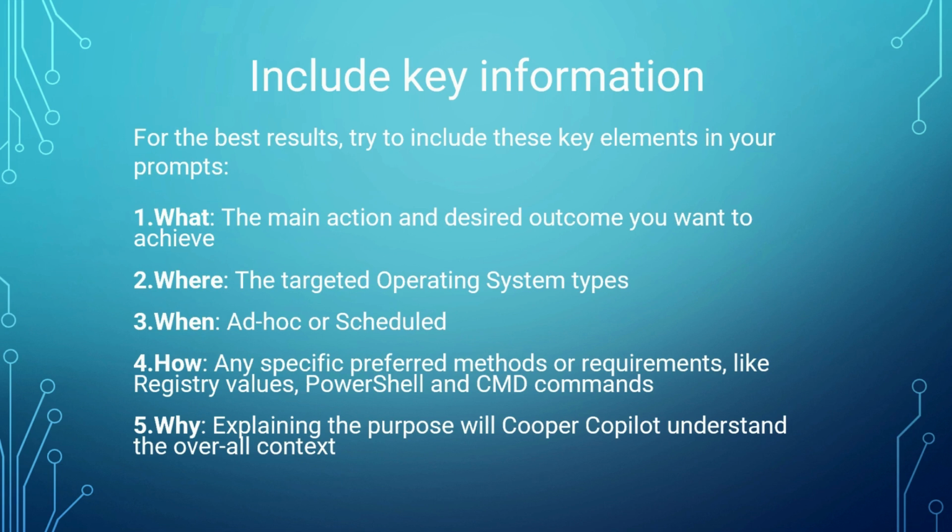And then why? Explaining the purpose helps Cooper Copilot understand the overall context of what you're trying to achieve. So some examples for the what can be things such as do a system cleanup, deploy a PDF viewer, write a log entry, or send a message to the current logged-in user.